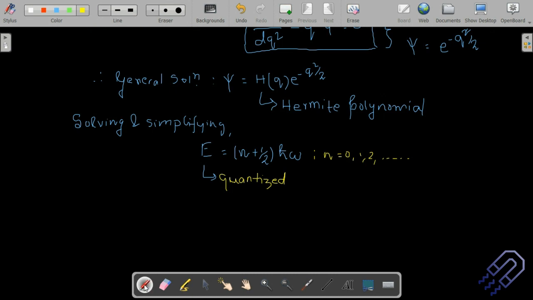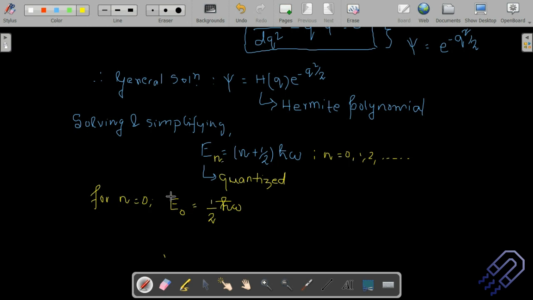So what we can do is, for n is equal to 0, again very important, a lot of numericals are based on this, we can write it down as E0. For simplification, maybe we can write it as E subscript n, whatever is the energy at a particular energy level. E0 is equal to, n is 0, so I can simply write it down as half h cross omega.